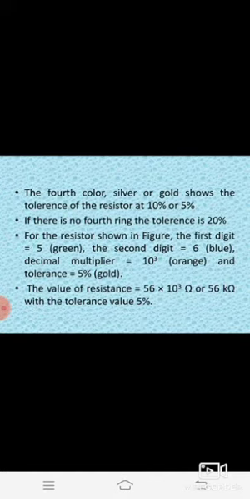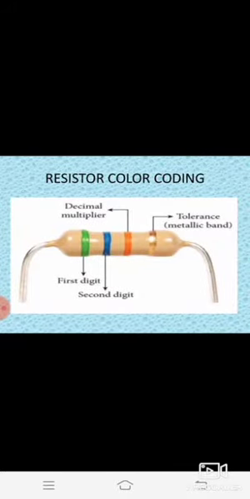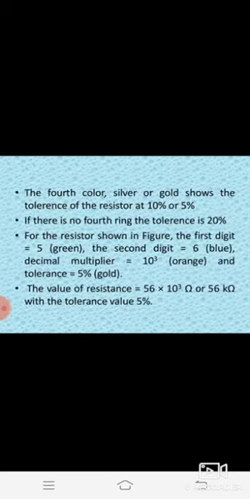So the fourth color, indicated by silver or gold, shows the tolerance of the resistor at 10% or 5%. Students, you can see the diagram. In this image of the resistor there are four colors. The fourth color is gold, and the gold color gives the tolerance of the resistor.